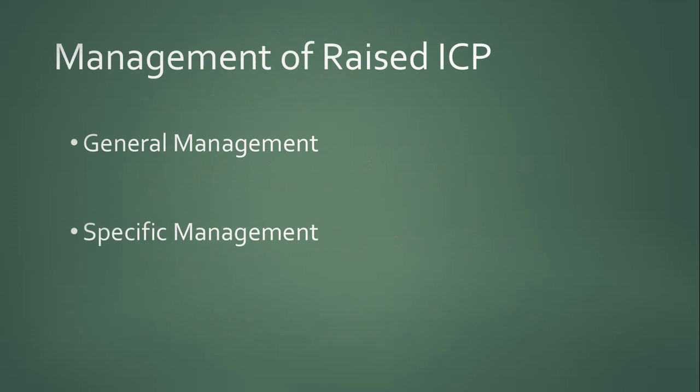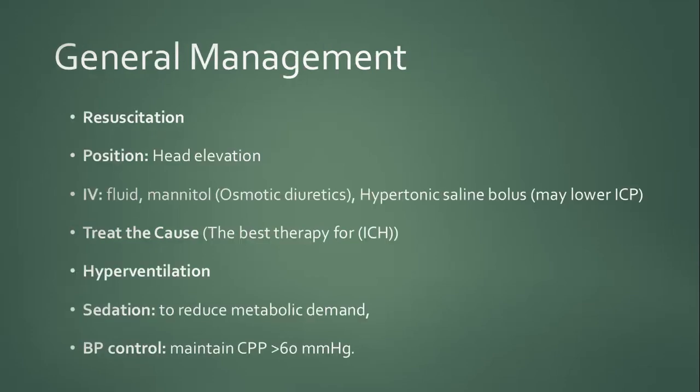So now how do we manage raised ICP? There are two types of methods, general management and specific management. The general management can be done through resuscitation, positioning of the patient with head elevation, and IV fluids, where we can add mannitol or hypertonic saline to decrease the intracranial pressure.